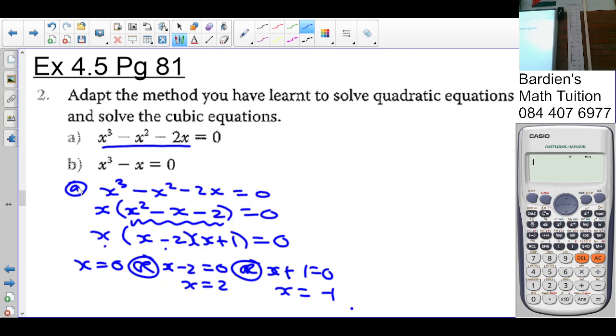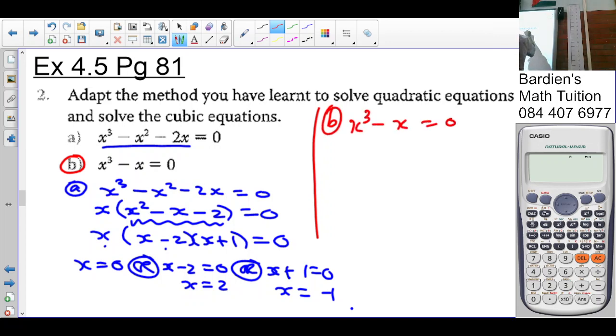Just look at B. What do you know about B? What can happen there? Is that in standard form? Yes, descending powers of x, standard form. Common factor of x. I'm left with x squared minus 1. What can happen here?